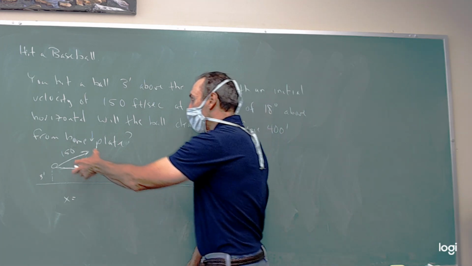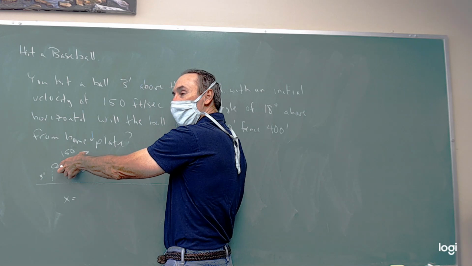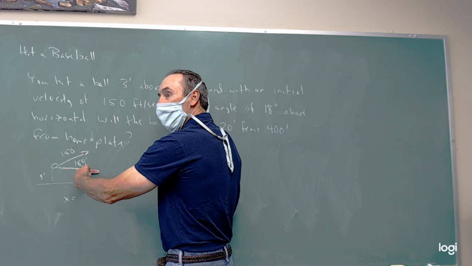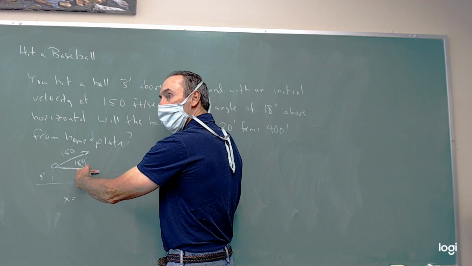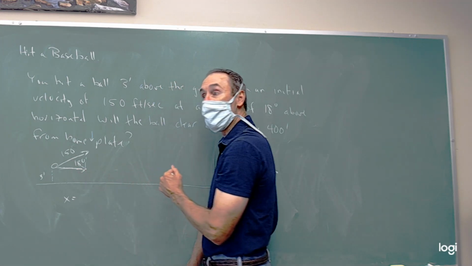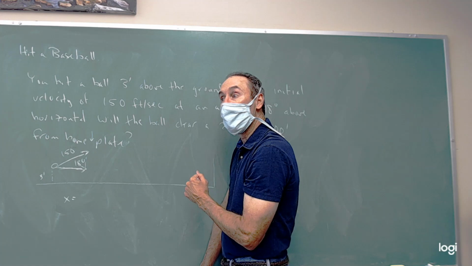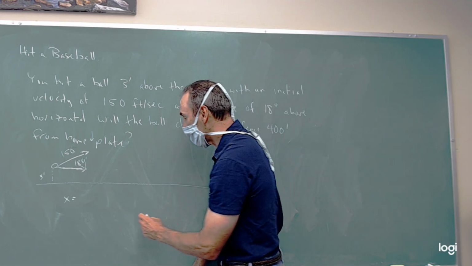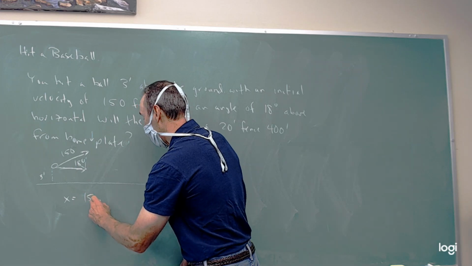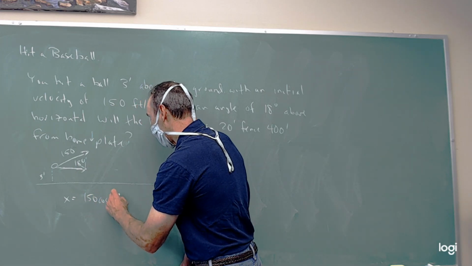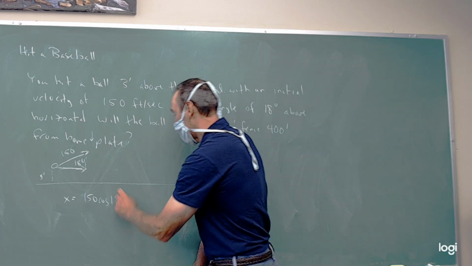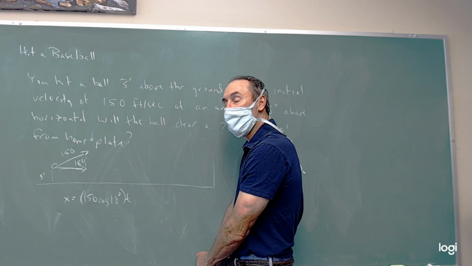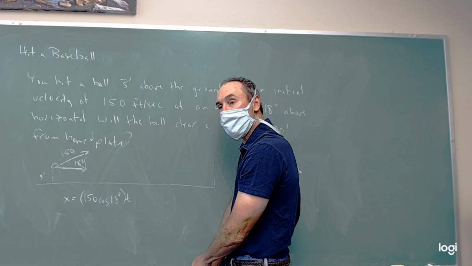Of that 150 feet per second, the amount that's going in the horizontal direction is going to be what? 150 times the cosine of 18. Excellent. 150 times the cosine of 18 degrees. Now that is going to go forever. So it's going to keep going that way forever.